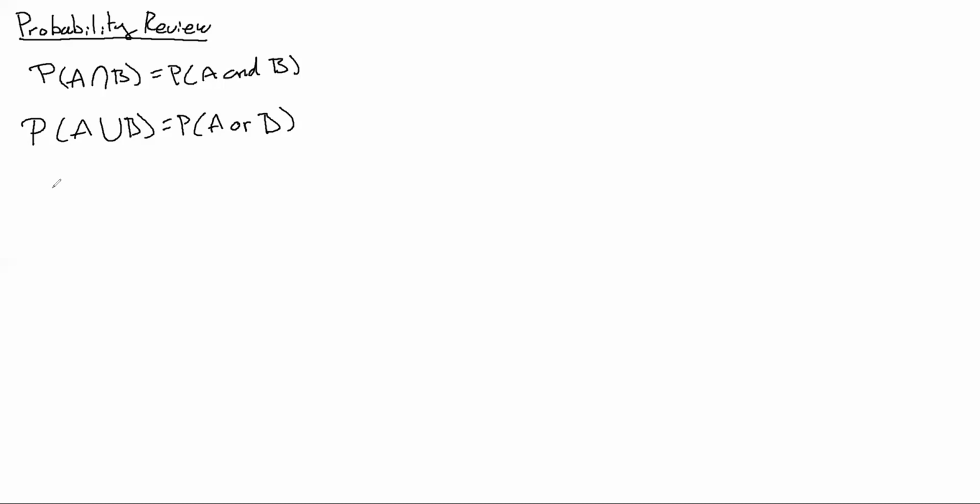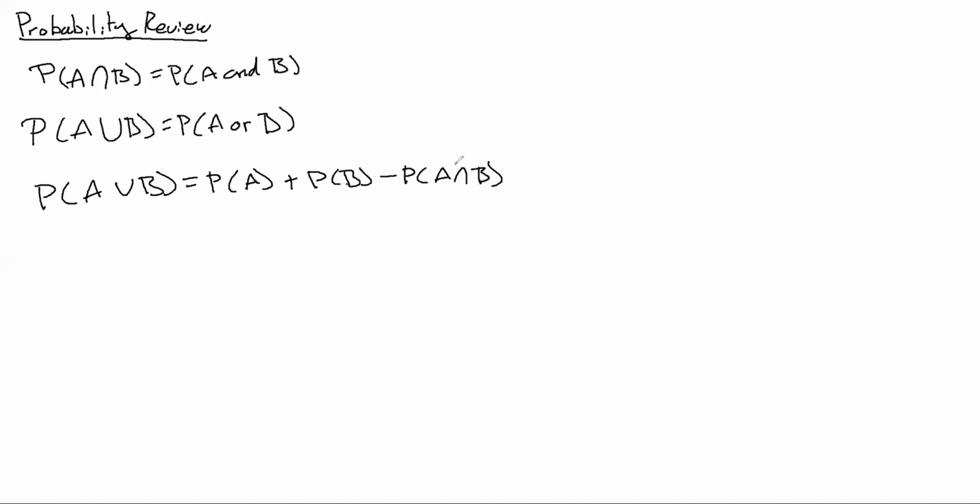And the formula for A or B, remember this is only for independent events, is the probability of A plus the probability of B minus the probability of A and B.